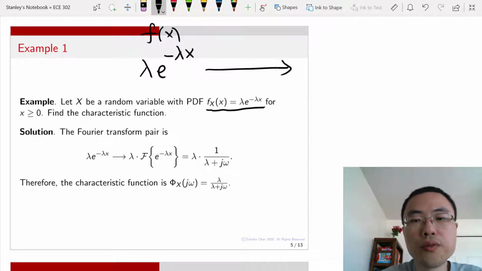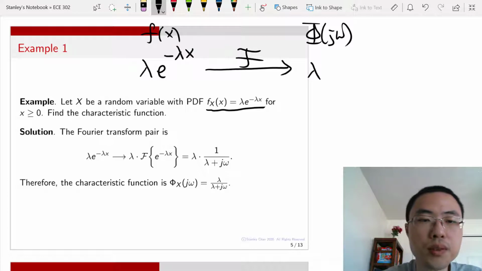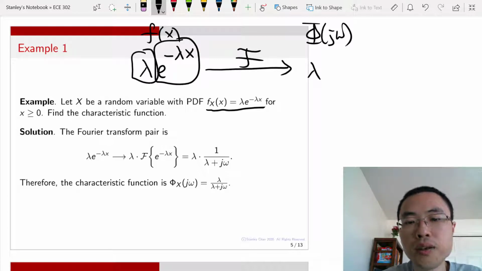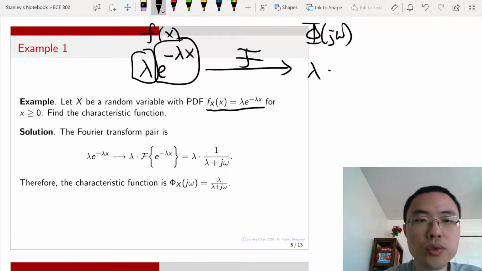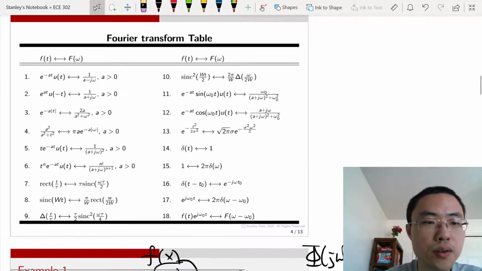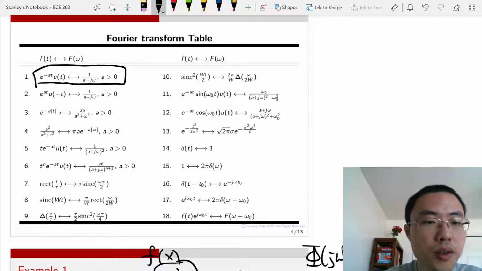We know that when you take the Fourier transform of this PDF, you will get the characteristic function. Of course, you keep this lambda here, and then there is e to the minus lambda x. You go to the table, and the table would give this expression. Here it should be a plus, and then this one should be minus.